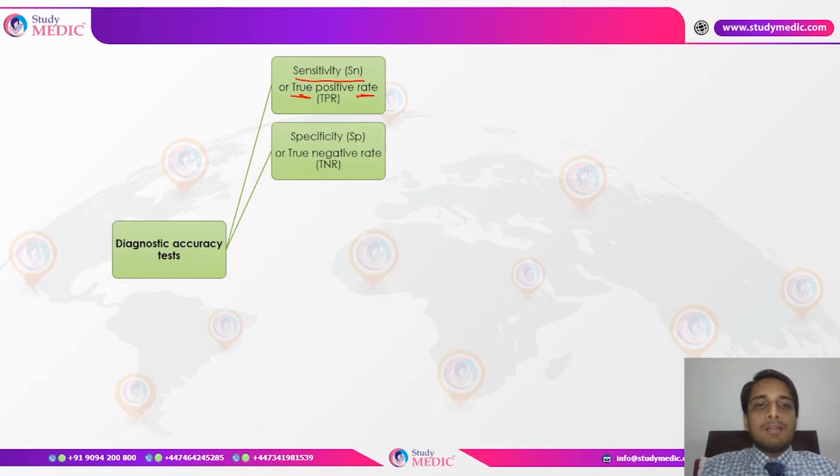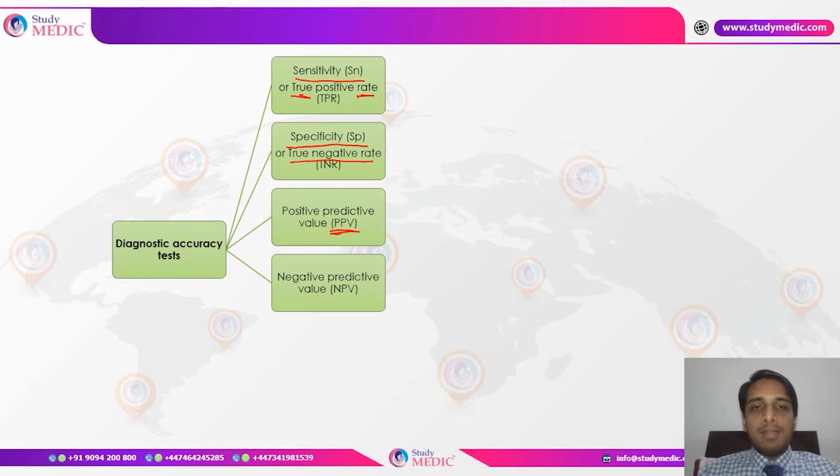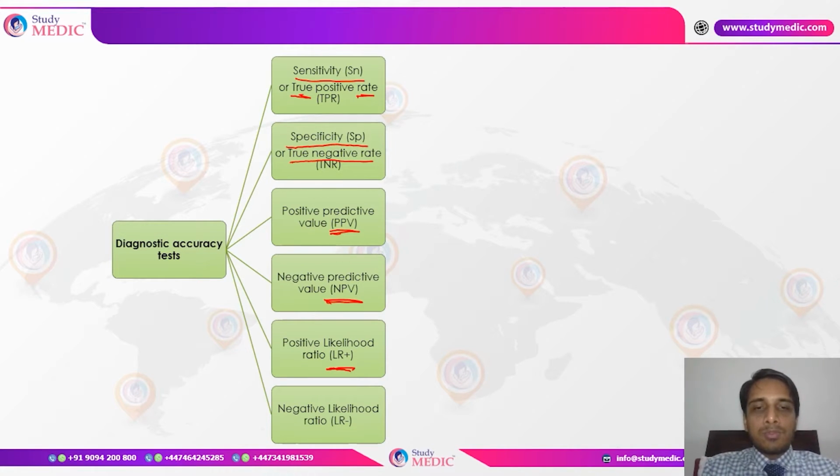Then the other diagnostic accuracy test is specificity, which is also called the true negative rate. The other is the positive predictive value, and then the negative predictive value, and the likelihood ratios, positive as well as negative. All these are diagnostic accuracy tests.